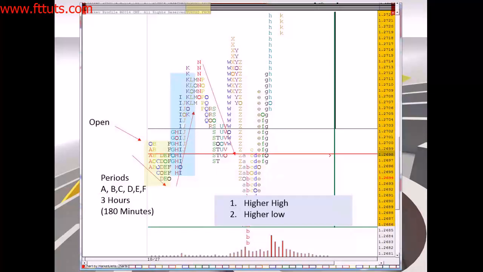So what happens now when in this next rotation we actually have a higher high and a higher low, but look at period V where it closes. It closes down here. So would you be bullish or would you be bearish at this point?